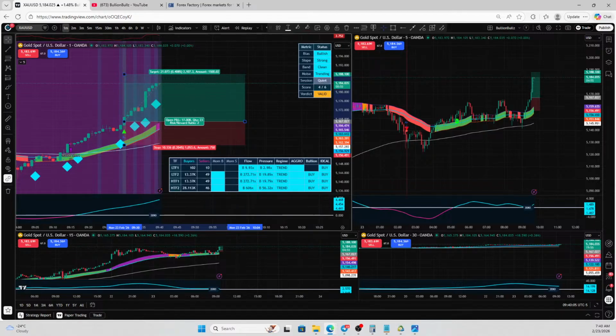You can see the buyers are extremely heavy. The buyers are just having so much control on the price, with 28,000 buyers versus 265 sellers.